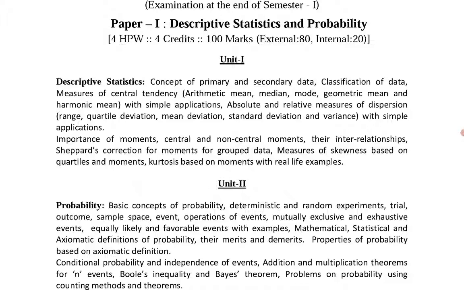We completed concepts like primary and secondary data, classification of data, various types of data, measures of central tendency: arithmetic mean, median, mode, geometric mean and harmonic mean, with some examples, absolute and relative measures of dispersion, and measures of variance. Both we completed.